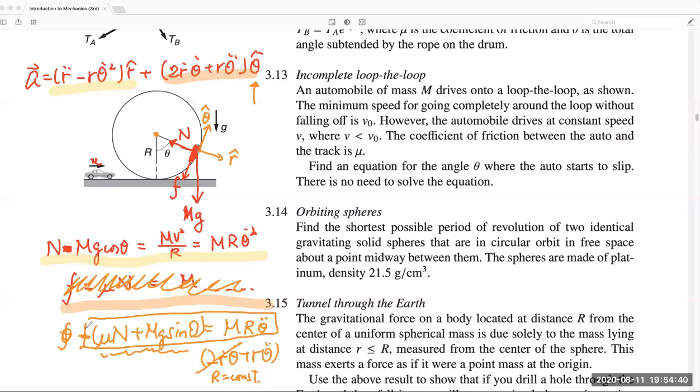And then the next step, what you need to do is substitute the normal reaction into this equation. Then you try to solve it, but there is no need to solve it. I think this equation cannot be solved.